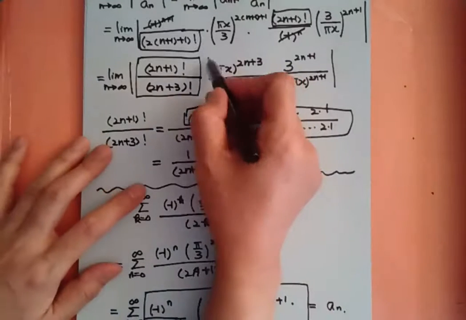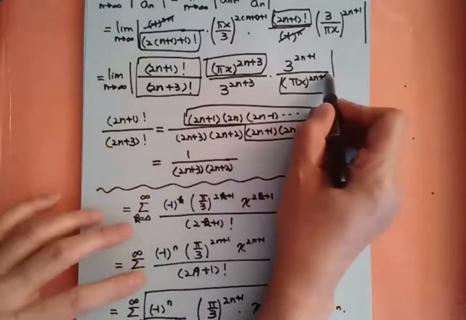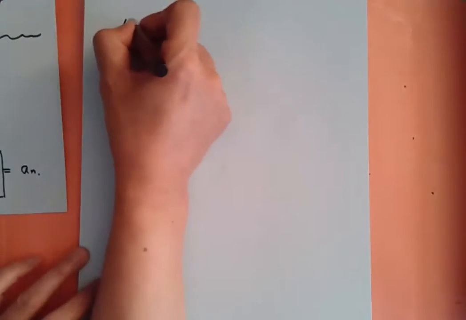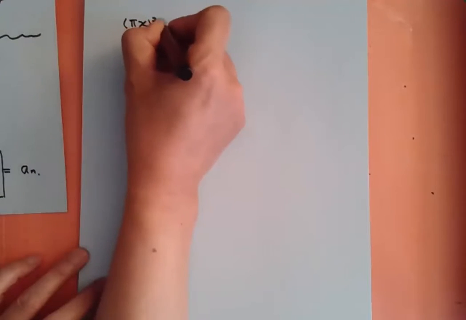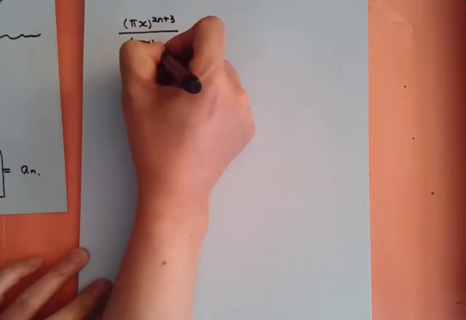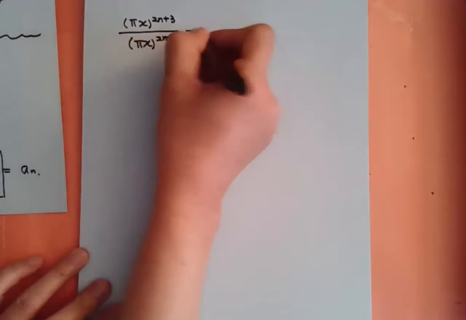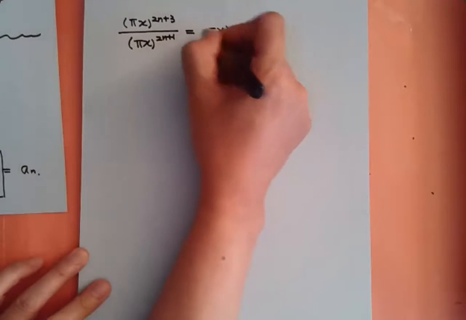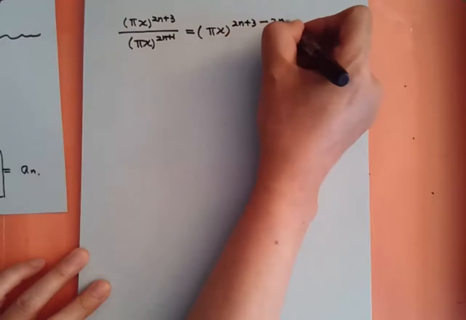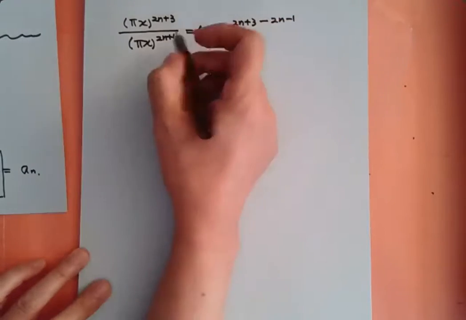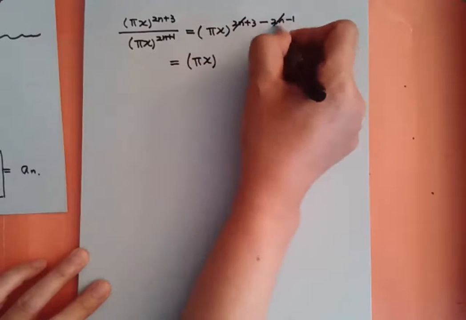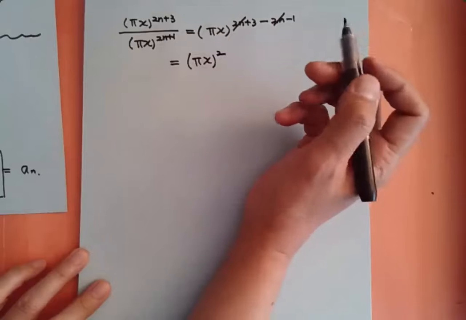And then we will combine these two. That'll be (pi x) to the 2n+3 over (pi x) to the 2n+1. And so (pi x) to the 2n+3 minus 2n minus 1, because those are in the denominator. Those will cancel each other, and so we get (pi x) squared.